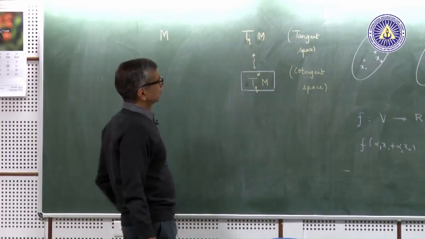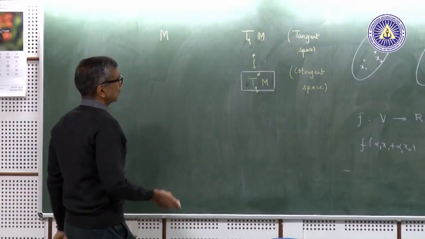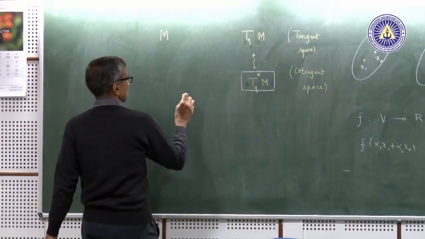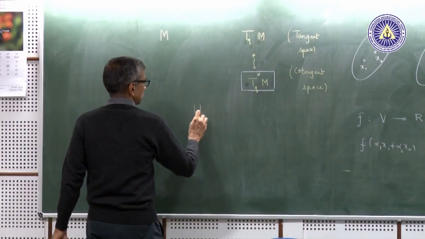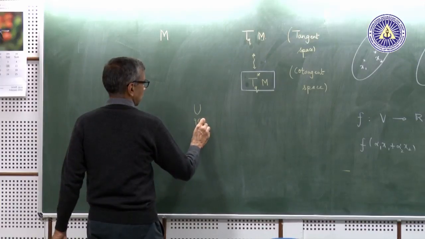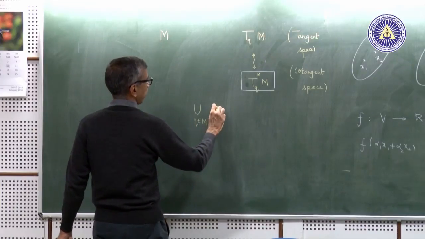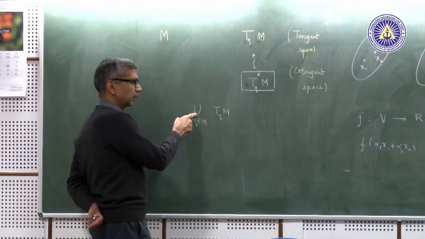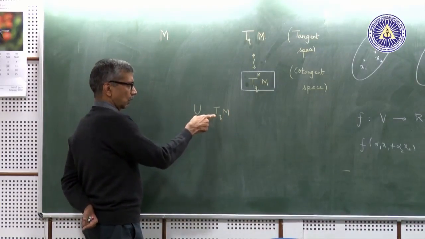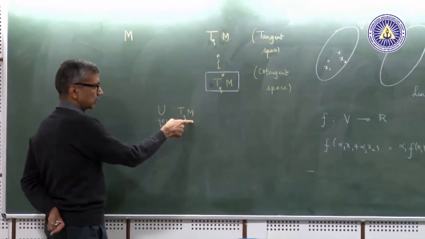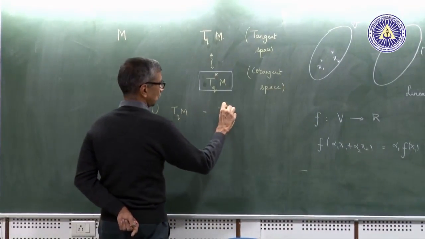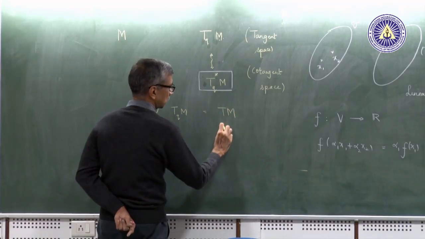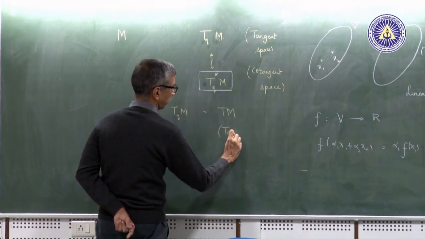So the other object that you need is, if you sum up over all m, not sum up, take the union over all m, all points you union. So you have an entity called the tangent bundle.